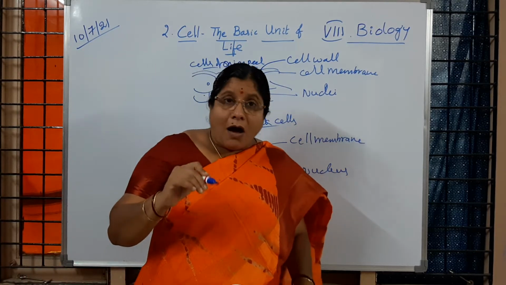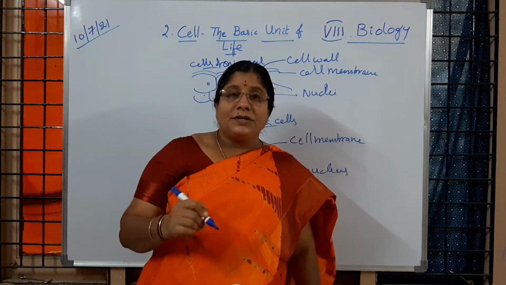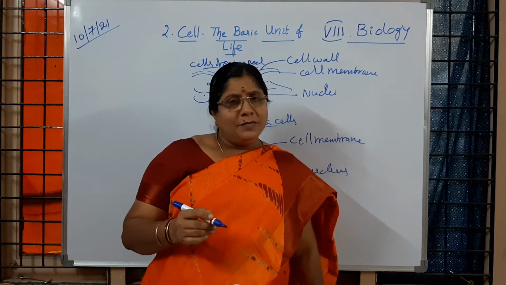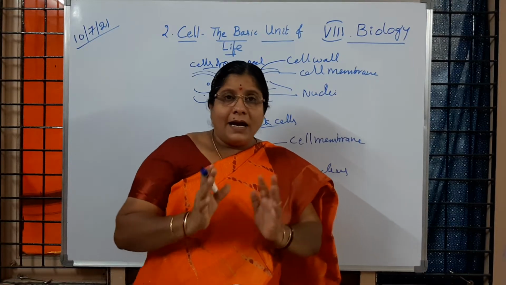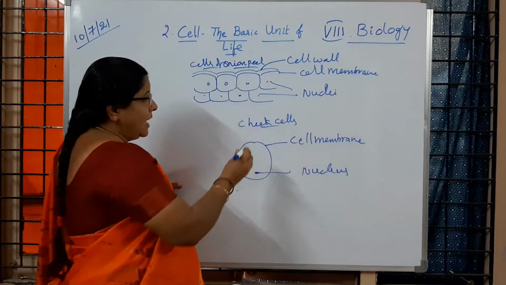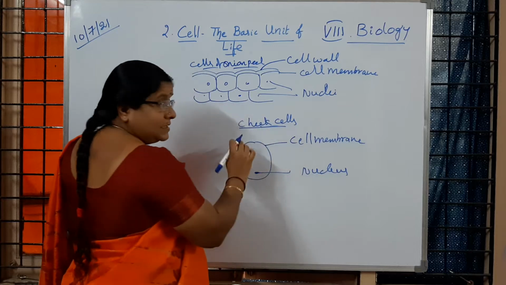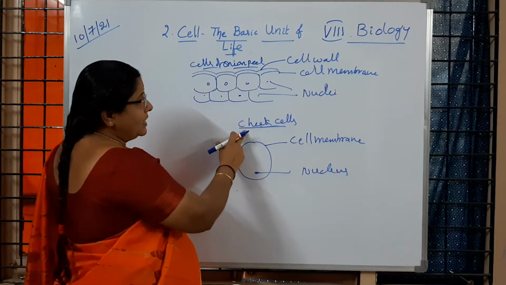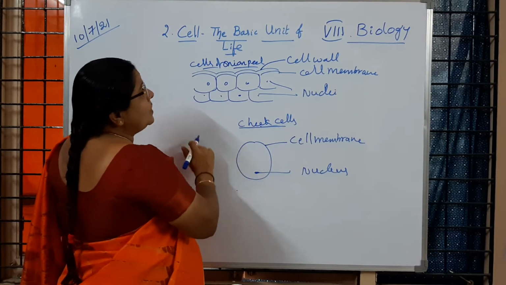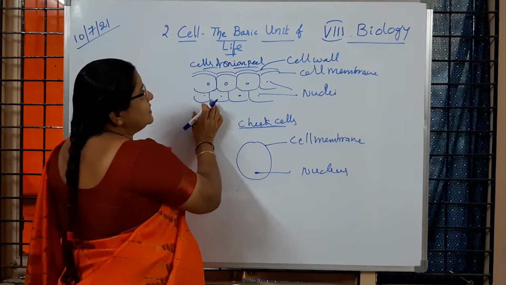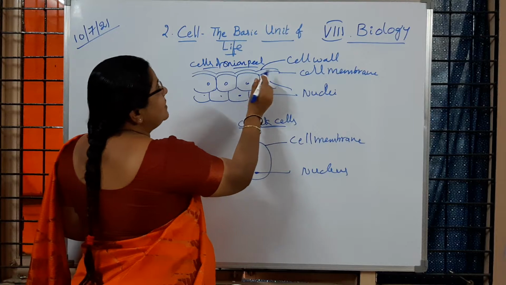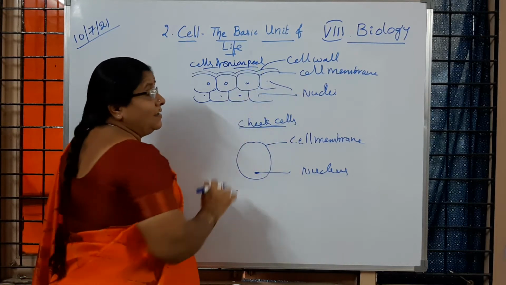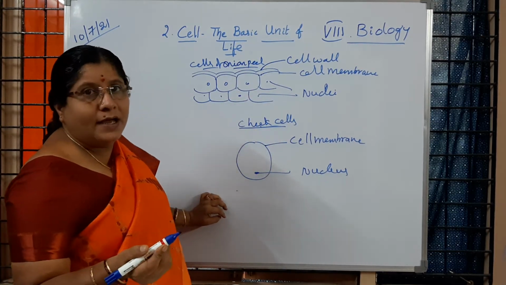Now, are there any other parts present in the cell? Obviously, yes. Plant cells and animal cells. Cheek cells are animal cells because we collect them from the human body. Onion peel cells are an example of plant cells, and above the cell membrane we observe the cell wall, another extra layer.